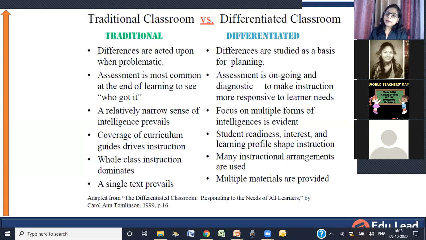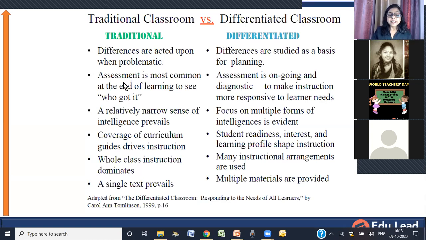This is what happens naturally. So in a traditional classroom, we act on differences once there is a problem which crops up. But in a differentiated classroom, differences are studied as a basis for planning. While I am planning my lesson plan, I will take care of those differences in the planning stage itself. So that's the basic difference between a traditional and a differentiated classroom.